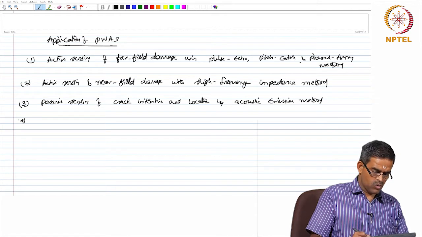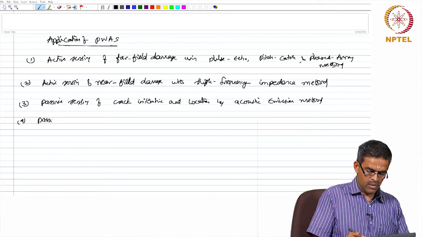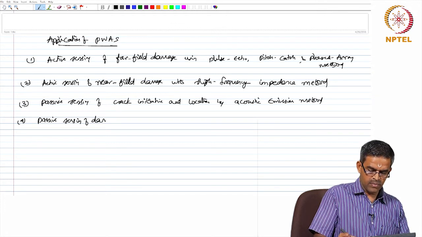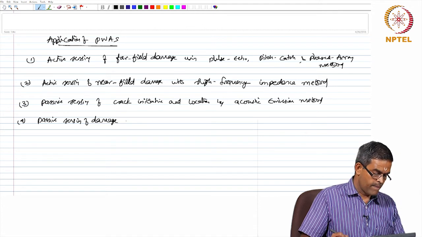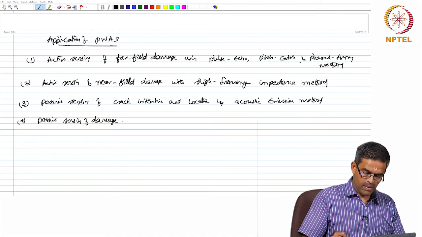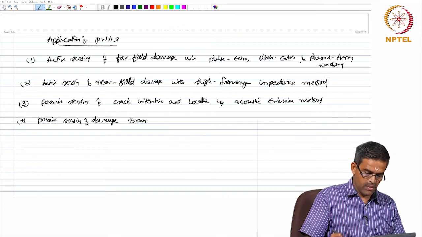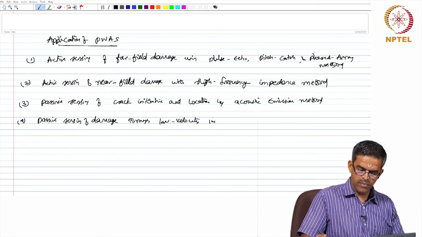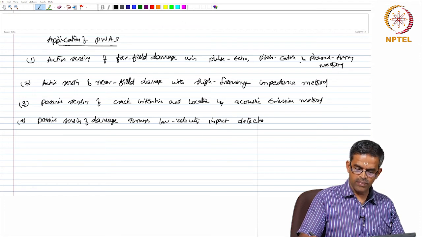They can also be useful for passive sensing of damage through the low velocity impact detection technique.